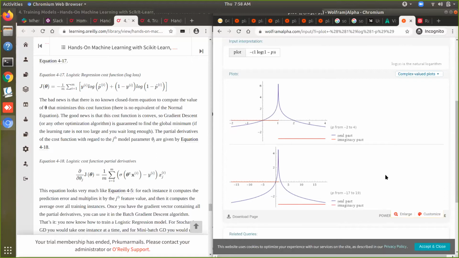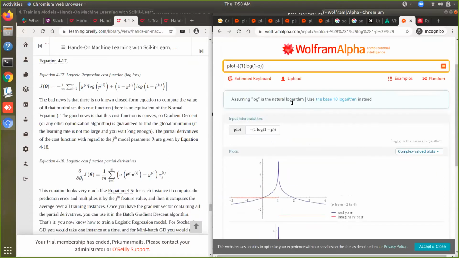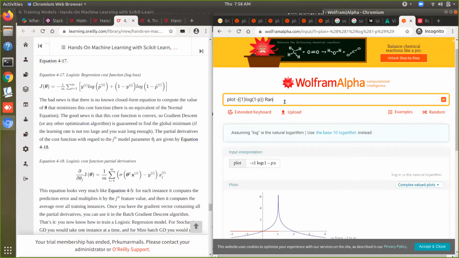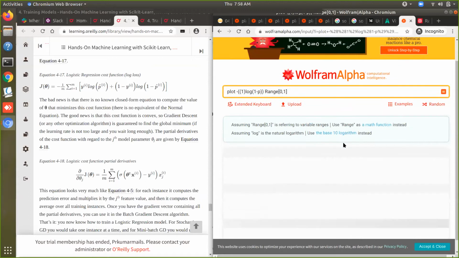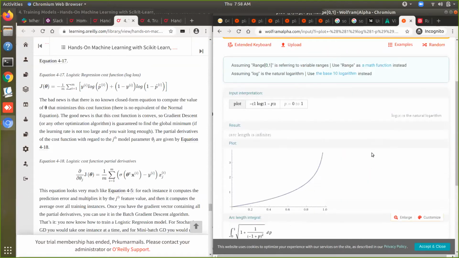Y equal to 0. Oh, we are in this range. Yes, you have to restrict the range, just from 0 to 1. There we go.